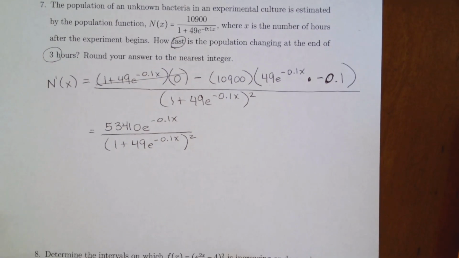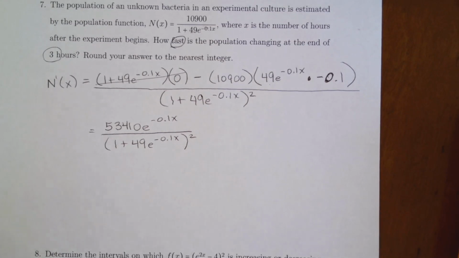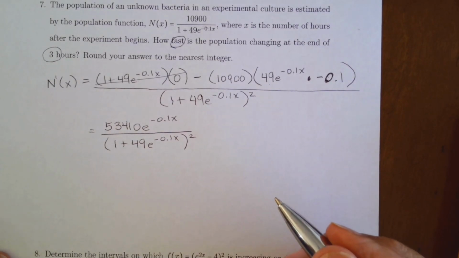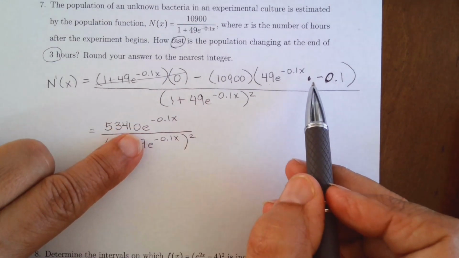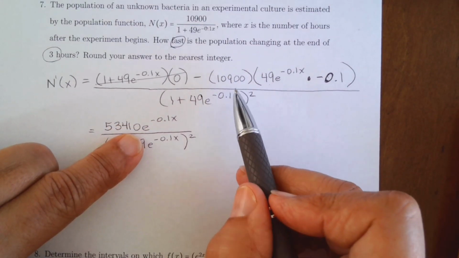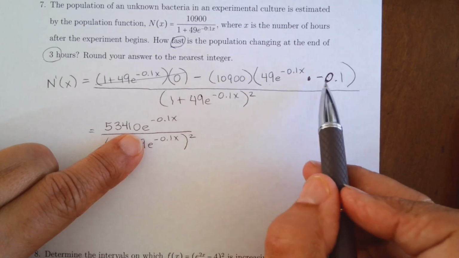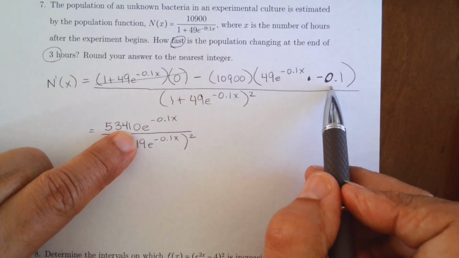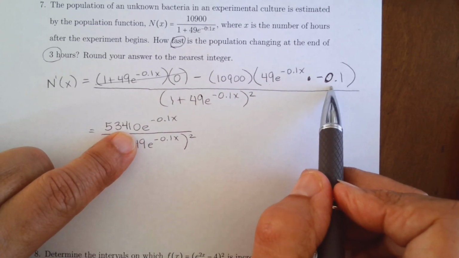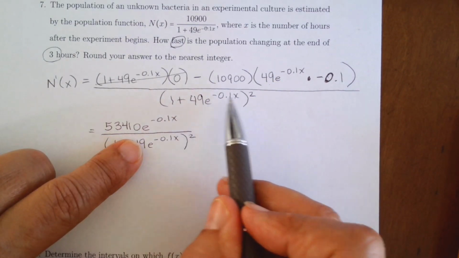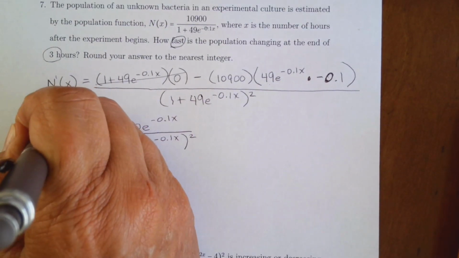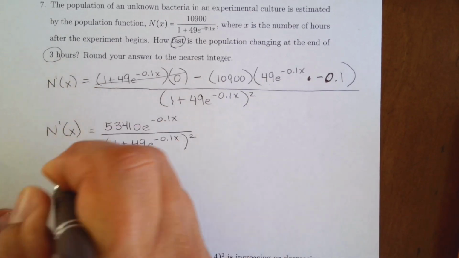Okay? All right, so there's your derivative, simplified. So everybody with me, we got a negative times a negative that made the top positive. Then I multiplied the numbers, 10,900 times 49 times 0.1, and I got this, okay? And then I had the e to the negative 0.1x. So that's your numerator over the bottom squared.